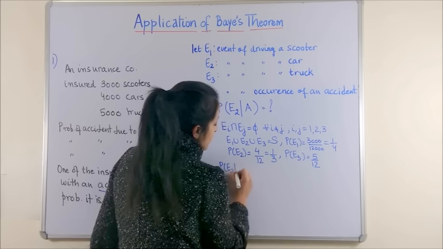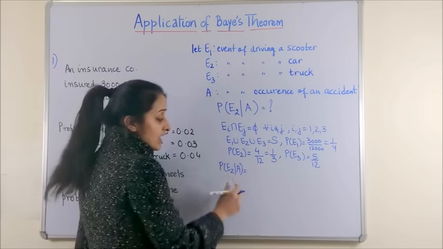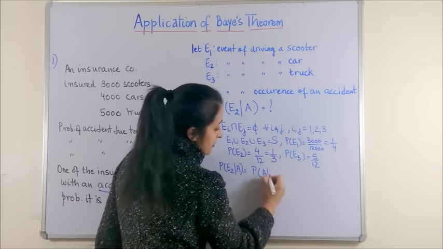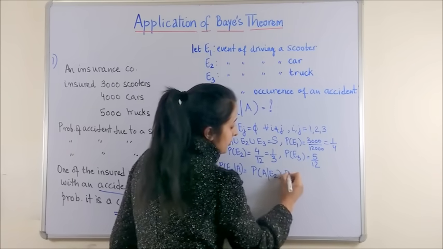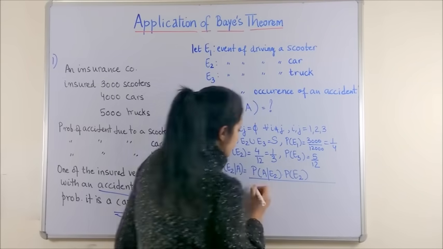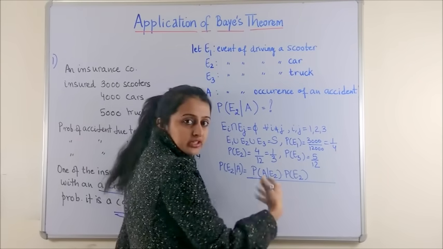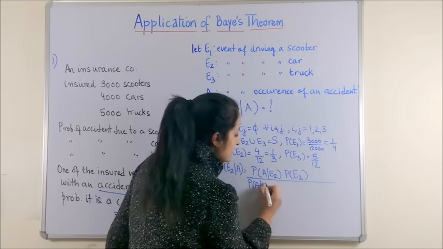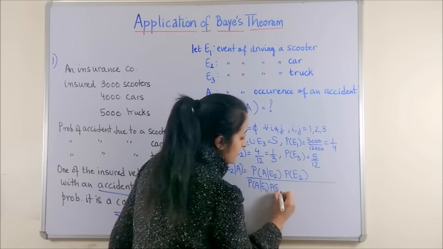Probability of E2 given A, as per Bayes' theorem, we flip this, that is, P(A given E2) into probability of E2. And the denominator is going to be the total possibilities. So, P(A given E1) into probability of E1.